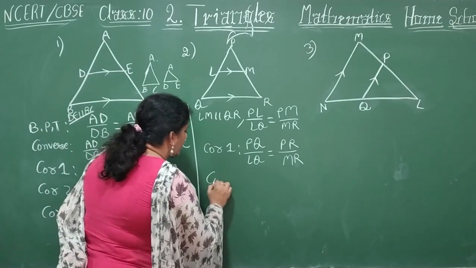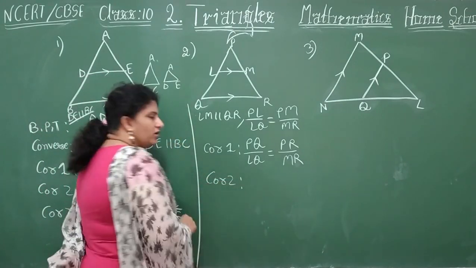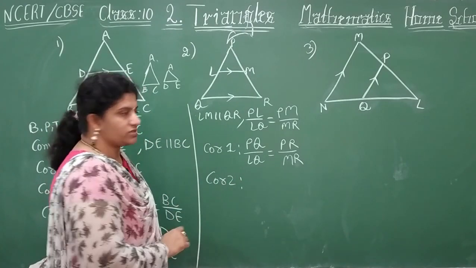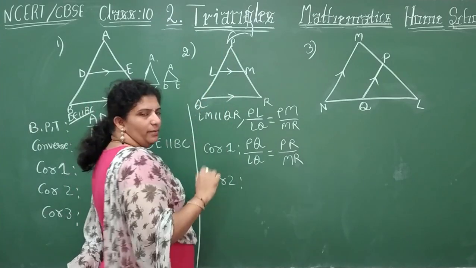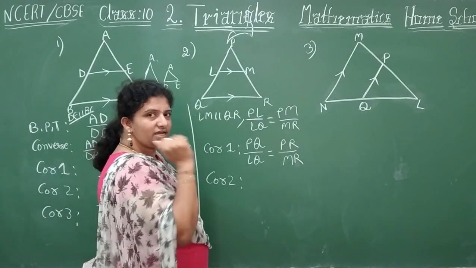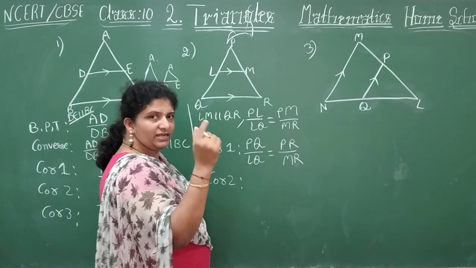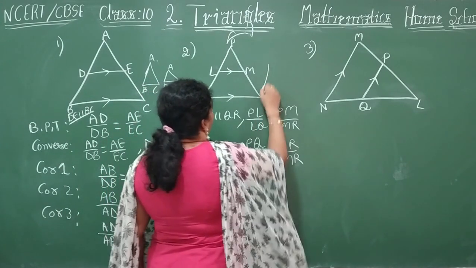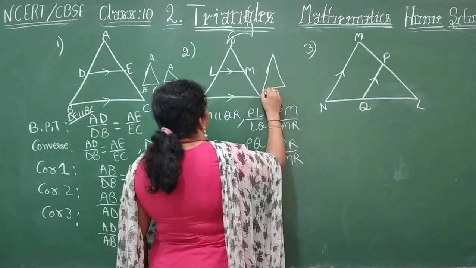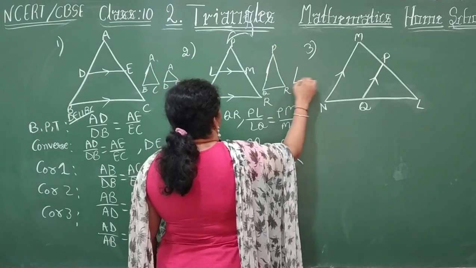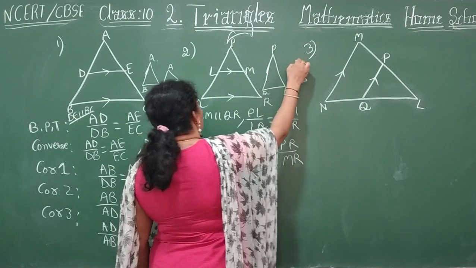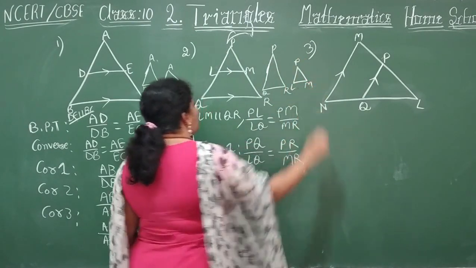Then coming to your corollary 2. Okay, if you want you can take three ratios. So what is that? Big side by small side. Big side by small side means what? Big triangle and small triangle. If you want you can split. Look here, like this: PQR, and one more triangle. What is this small triangle here? PLM.